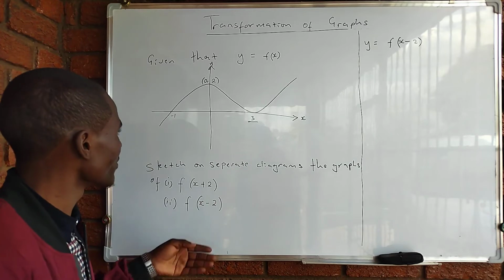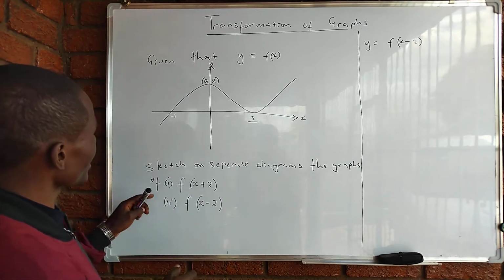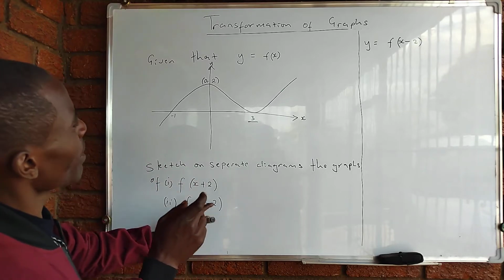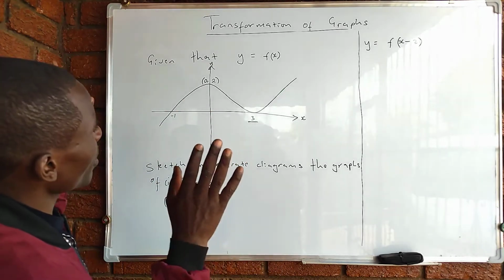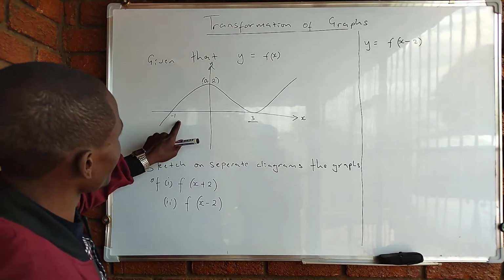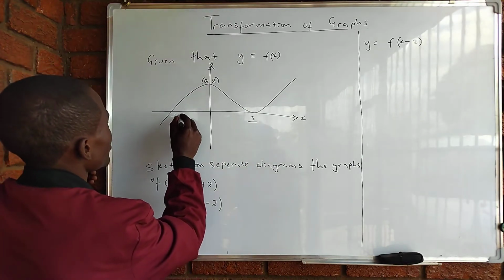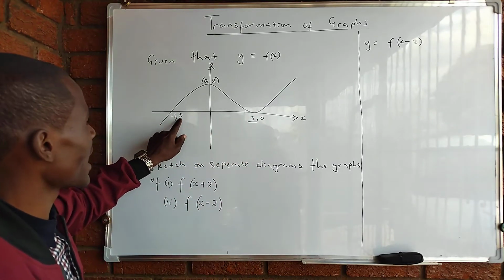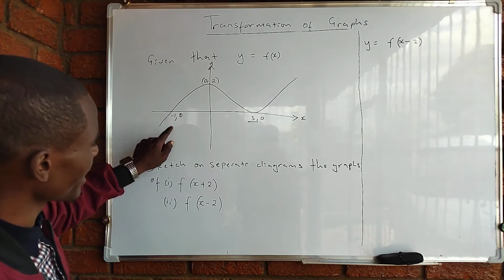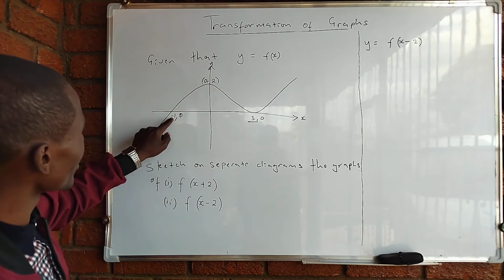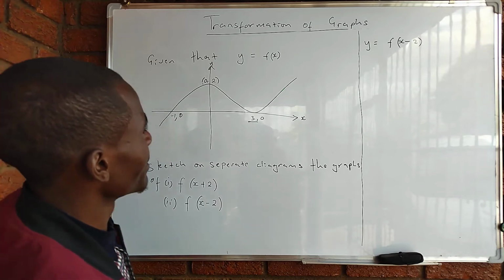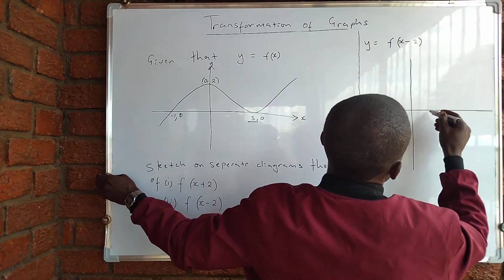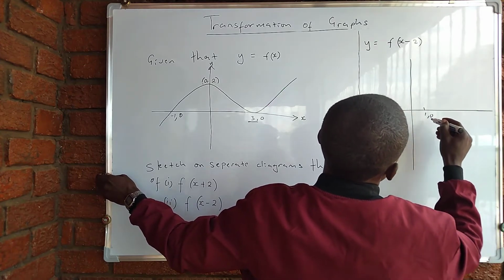So we are adding 2 units to all the x coordinates, and the y coordinates we leave as they are. So here this is -1 and 0, this is 3 and 0. The y coordinates stay as they are, then we add 2 to the x coordinates. So when we move 2 here, we get 1, so the curve now starts at 1 and 0, right?